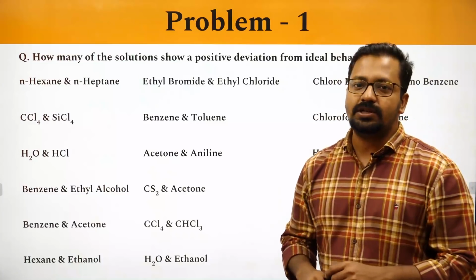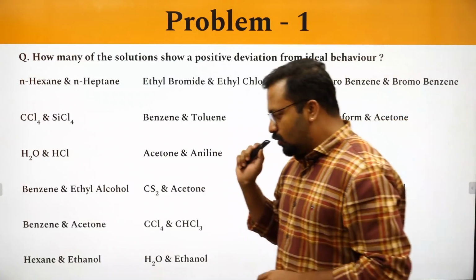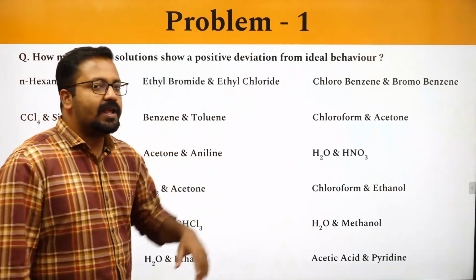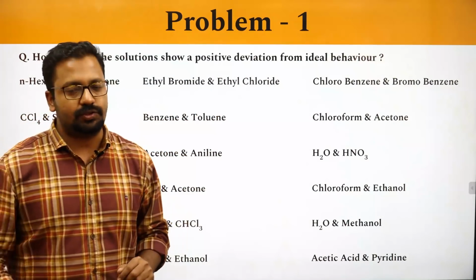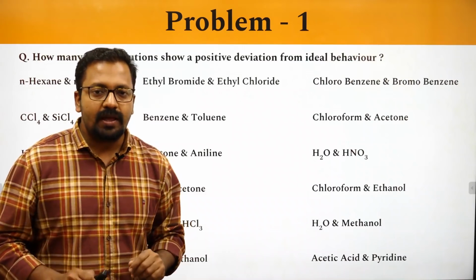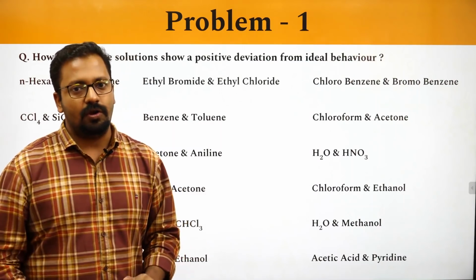How do we make that decision? To make this decision, we need to know what an ideal solution is and what a non-ideal solution is. An ideal solution, my dear students, is one which follows Raoult's law.